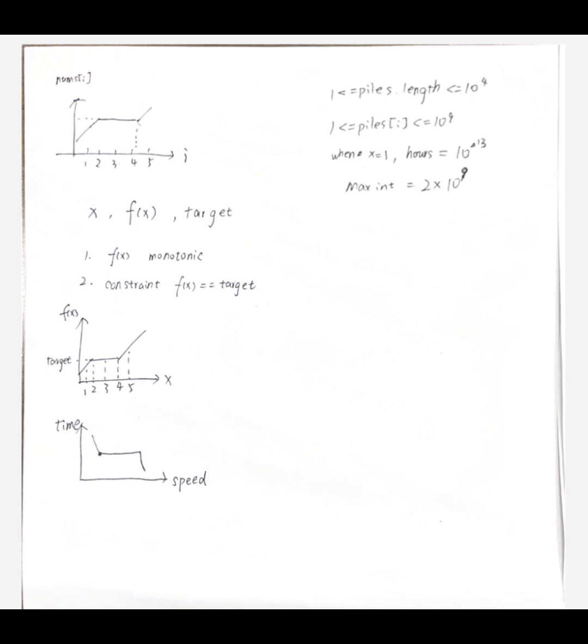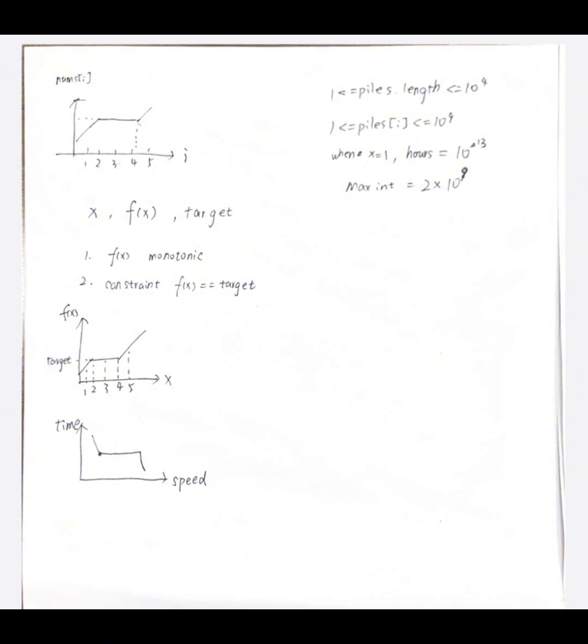So therefore, we're gonna draw a function like this. It's very abstract, but we have some imagination, and it gives us a function like this, f(x), and the target is something. For this problem, what is the return value we want to get?